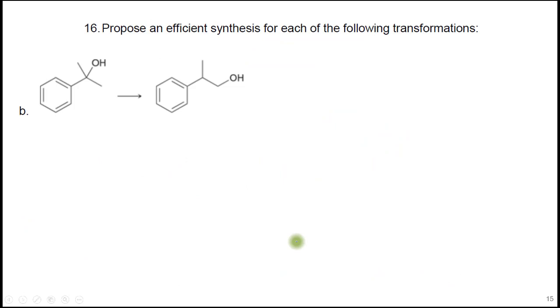All right, some more synthesis problems. All right, here we are not adding any carbons. We are moving the alcohol from one group to another. So we can just make that a better leaving group. Maybe I feel like tosylating today.